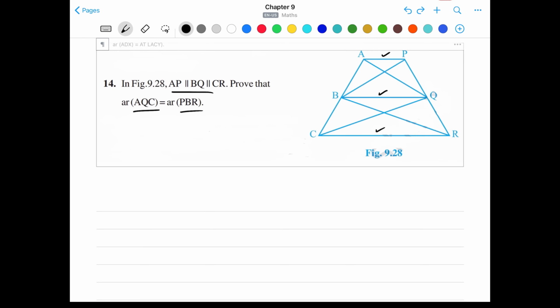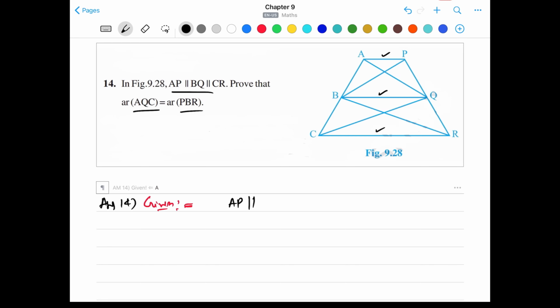So let's start this proof. Answer number 14. First we'll write the given part. Given here is we have three lines, which is AP parallel to BQ parallel to CR.